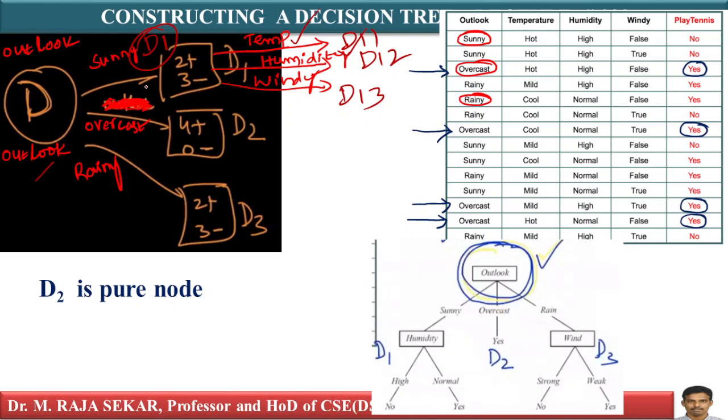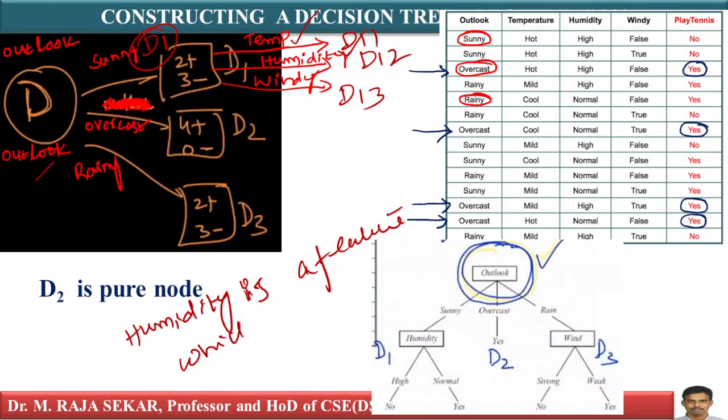I need to compute information gain. So what happens is humidity is a feature which gives more information gain, more IG.